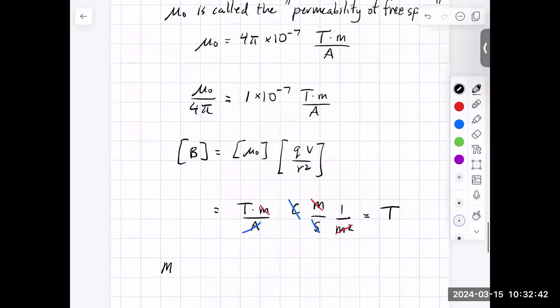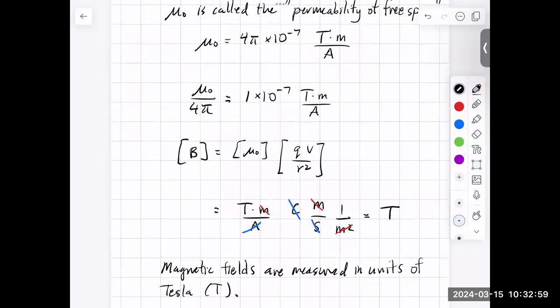So magnetic fields are measured in units of Tesla. Tesla, of course, is the name of a fairly famous scientist who studied a lot of these magnetic effects.